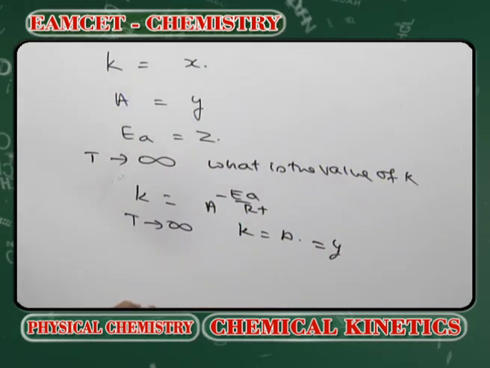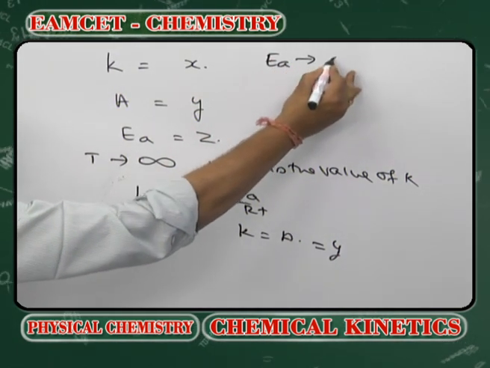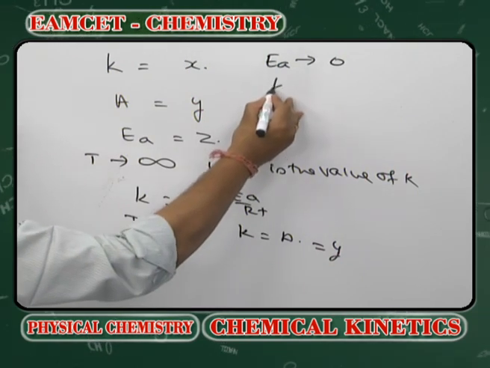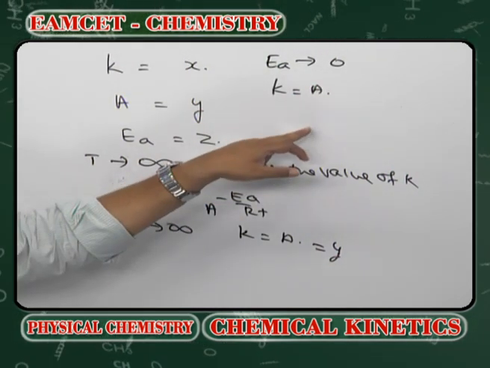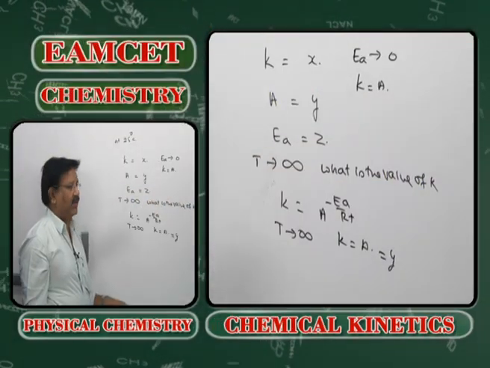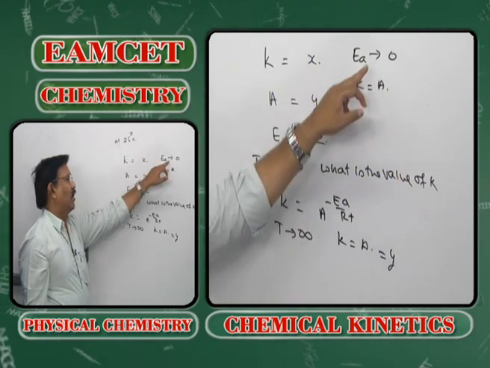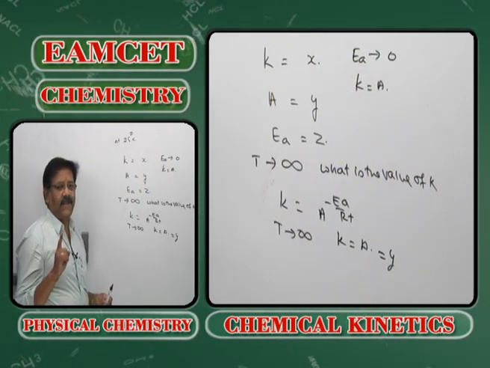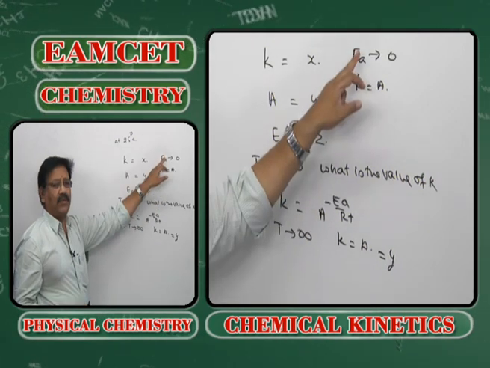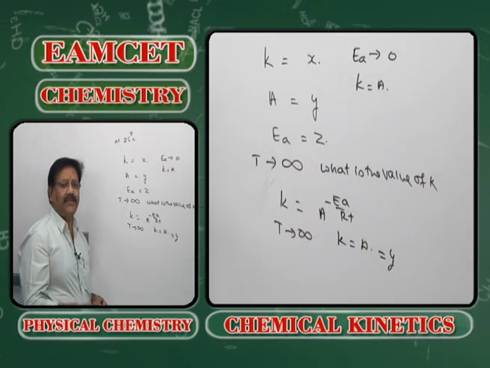And when activation energy tends to 0, also K will be equal to A. So the rate constant will be equal to the Arrhenius parameter, whether temperature tends to infinity or activation energy tends to 0. In both cases, the rate constant will be equal to the Arrhenius parameter.